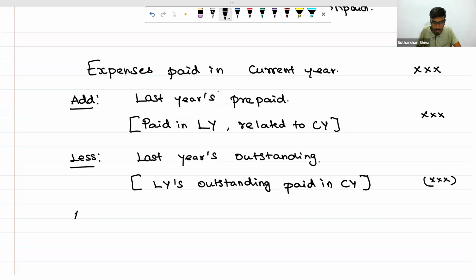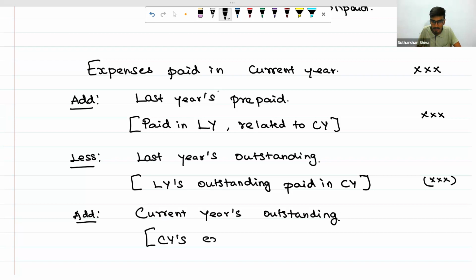Next, I am going to add one more thing, that is current year outstanding. It is related to the current year. We need the expenses of the current year, whether paid or not. So current year's expenses not paid, that we will add as per the accrual concept.